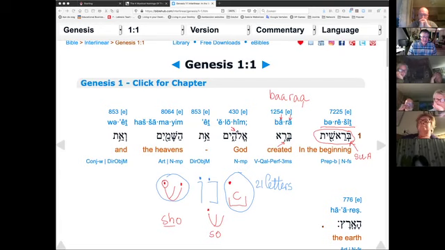Here we have the Aleph and the Tzere. It's very strange. It's the Aleph A because it's at the beginning of a word. When we had Bereshit, in the middle of the word, you don't see the comma over here.